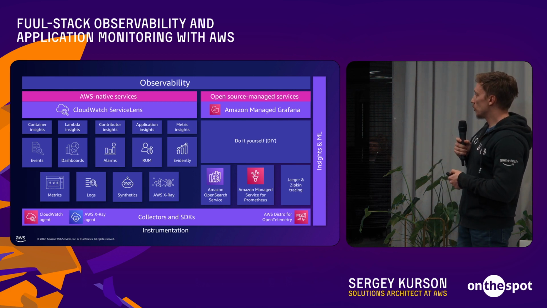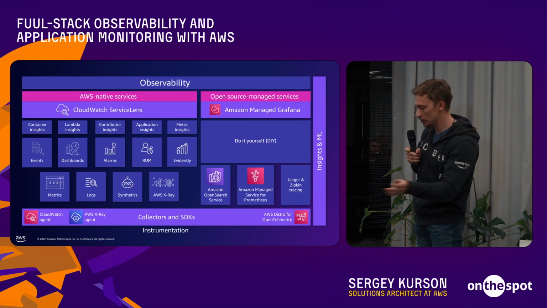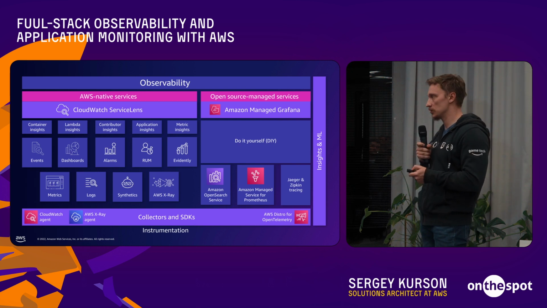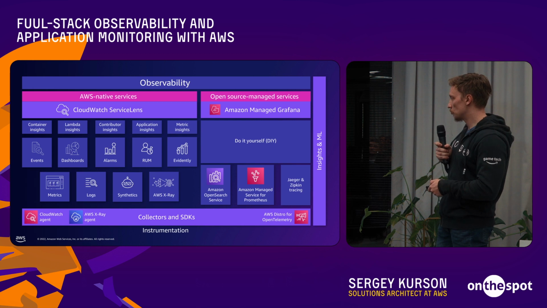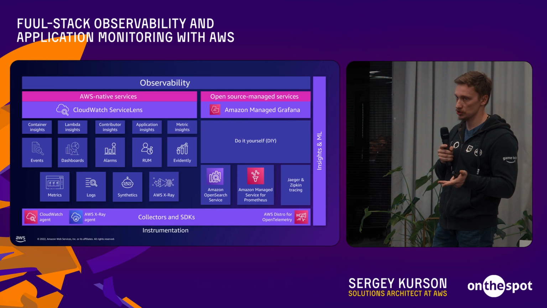So there are two ways to approach it: the AWS native way and the do-it-yourself way. There are a number of layers to the whole thing, and how the application is instrumented. We need something that collects the logs, metrics, and traces, so-called agents.